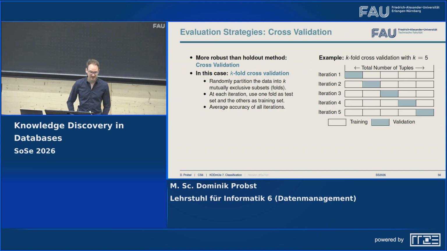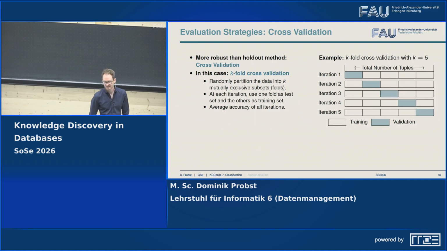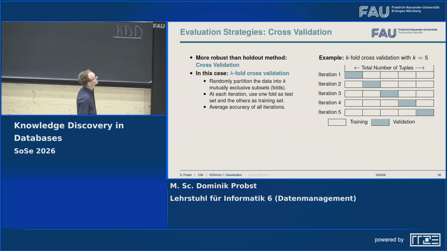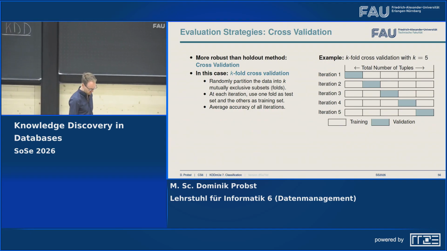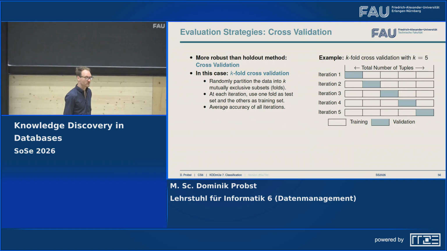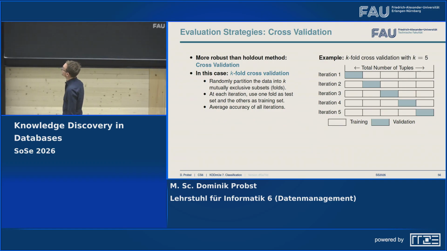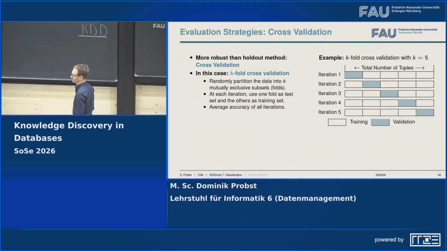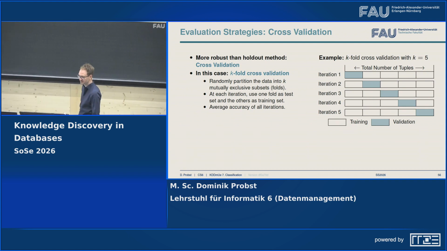More robust than the holdout method is the cross-validation method. The cross-validation method is basically a variation where you have a more stratified approach to the whole thing. We are taking a look especially at k-fold cross-validation.